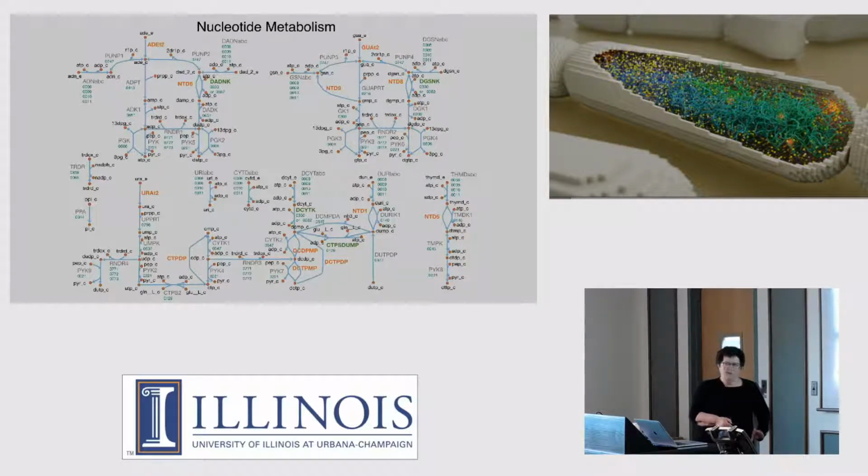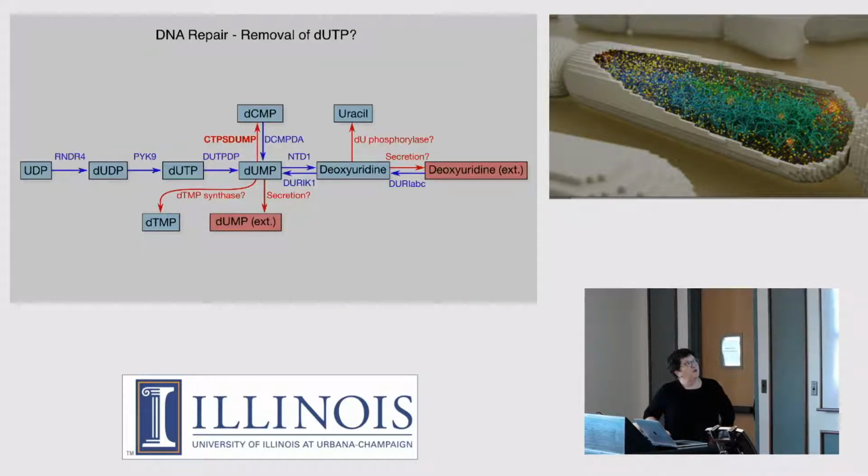And there are just very few mechanisms that help you to do this, and it wasn't clear what was going on in that system. So that's one of the things that we're still looking at. We think we've identified the genes that help get rid of dUTP so that you don't slowly degrade the DNA.